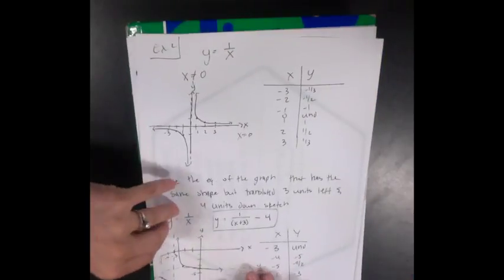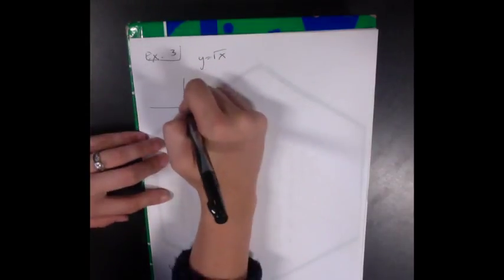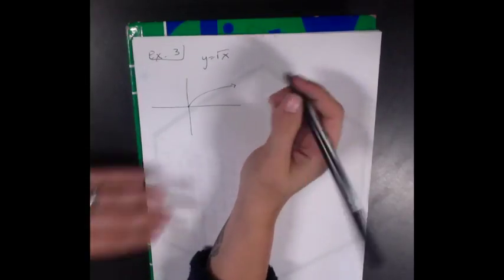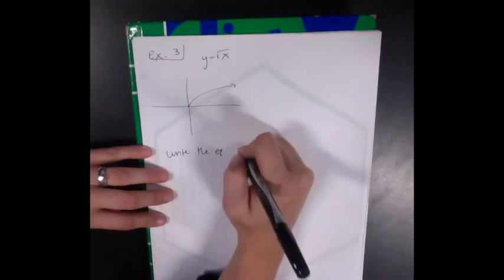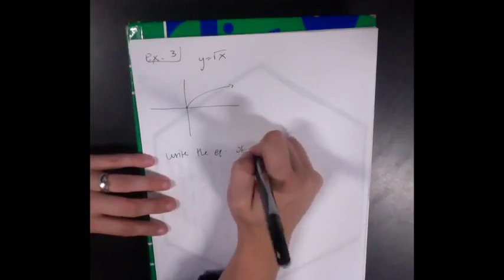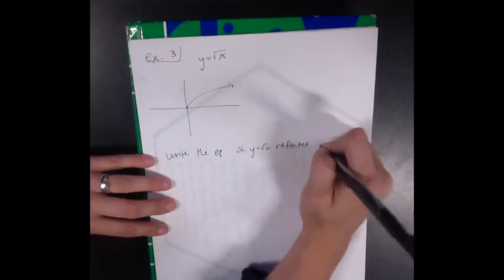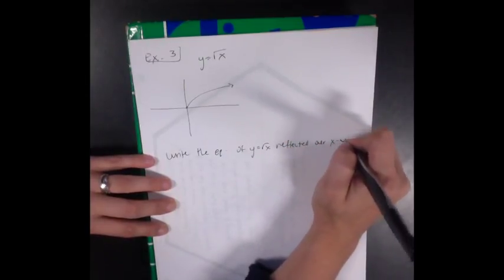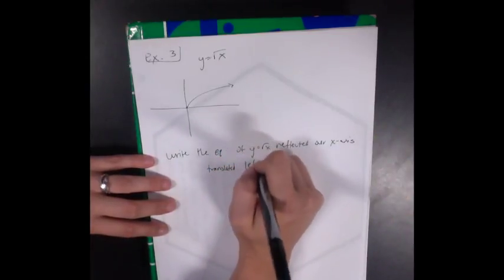Okay, let's do one more. Back to this graph, y equals the square root of x. I'm just going to sketch it now. We want to write the equation of y equals square root of x reflected over the x-axis and translated left 3.